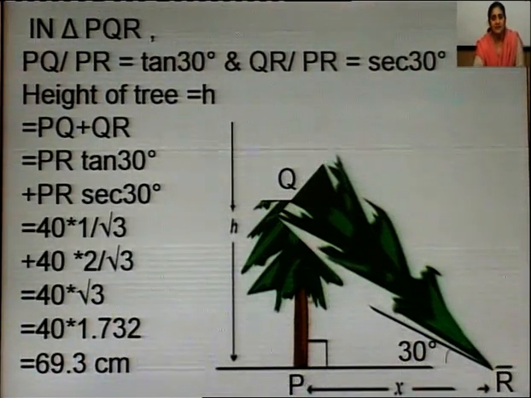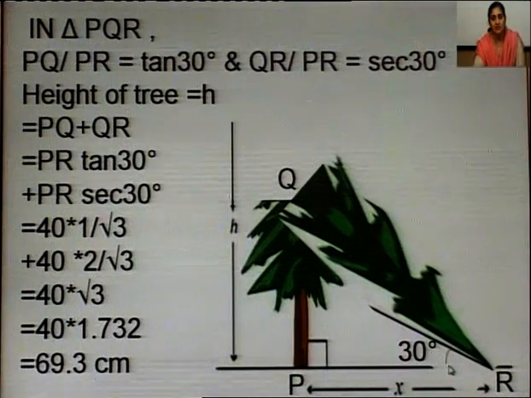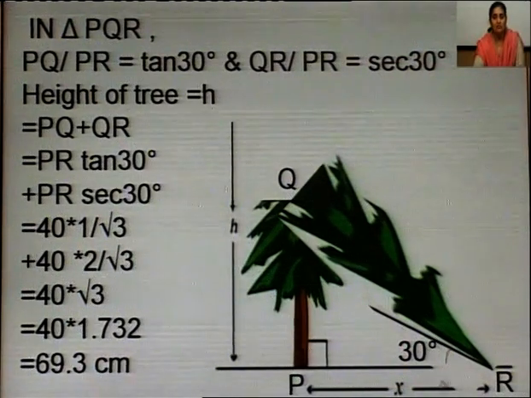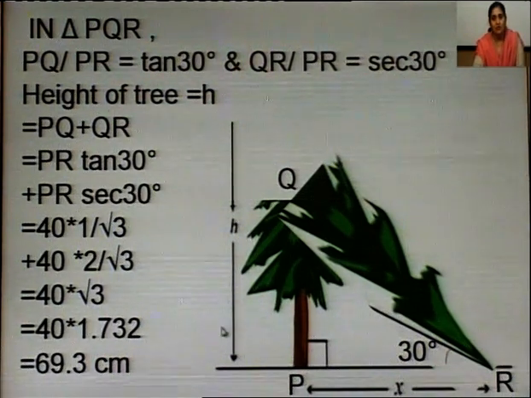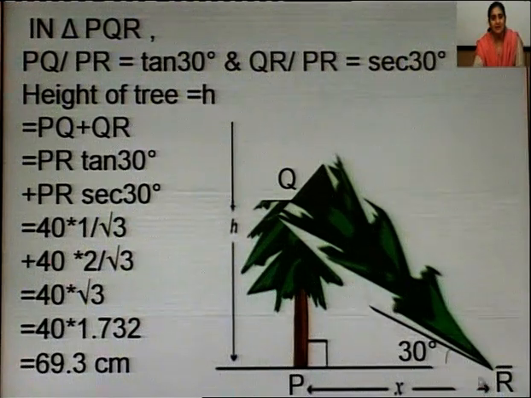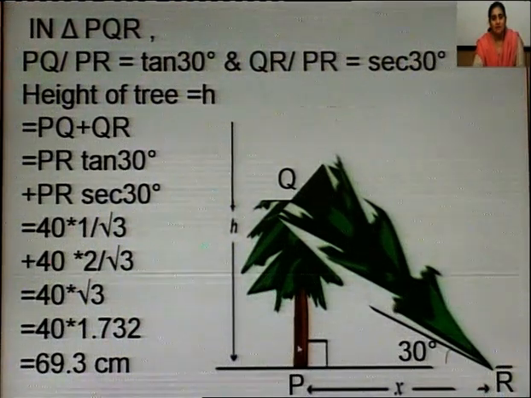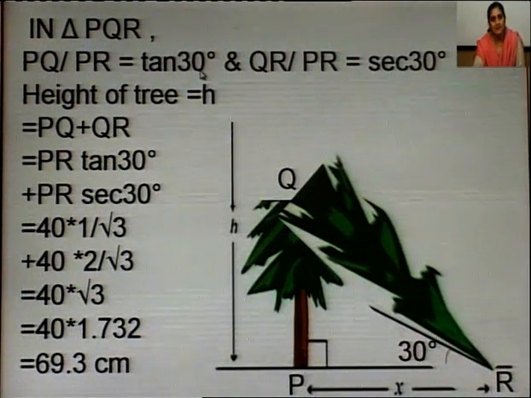Now consider this triangle PQR. This is a right angle triangle, and the angle is 30 degree. Again we take the help of trigonometry to find this distance PQ plus QR. Now we are given PR, we will make use of this distance PR. PQ by PR is tan 30 degree, perpendicular by base.